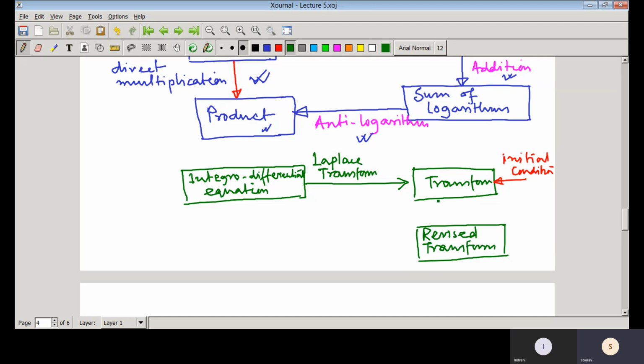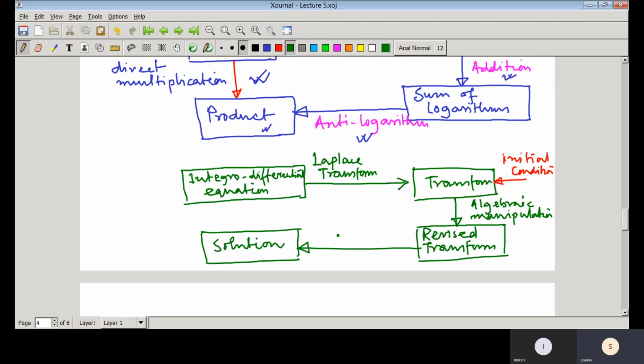This reversed transform you get just by algebraic manipulation. Now how do we get the solution? The solution is obtained just by taking the inverse Laplace transform.